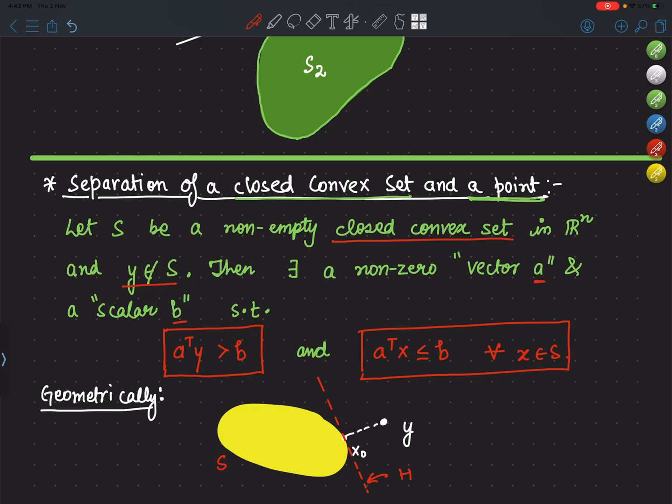This can always be done for a convex set. Note, this cannot be 100% done for a non-convex set, okay?